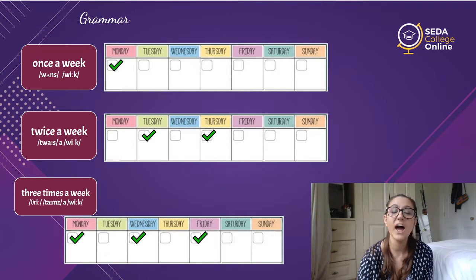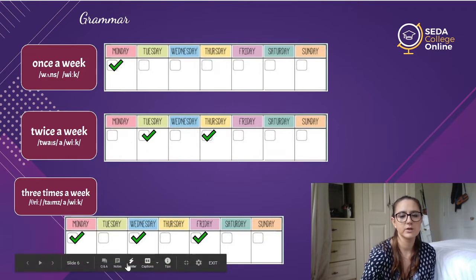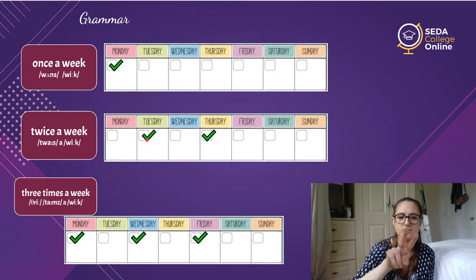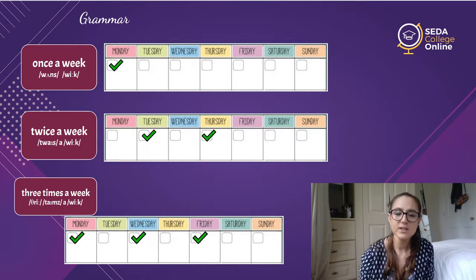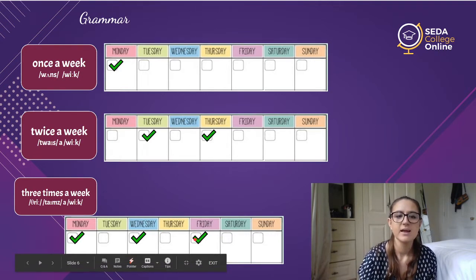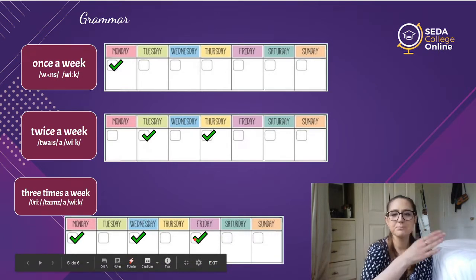We have twice a week. So twice is two times. As you can see here, they checked only Tuesday and Thursday. So that's two times, twice a week. And we have three times. That's easy. So three times on Monday, Wednesday, Friday, a week. It can be any other days.